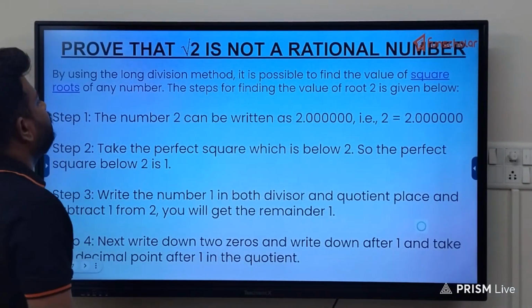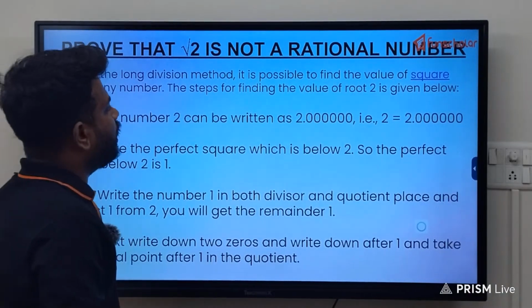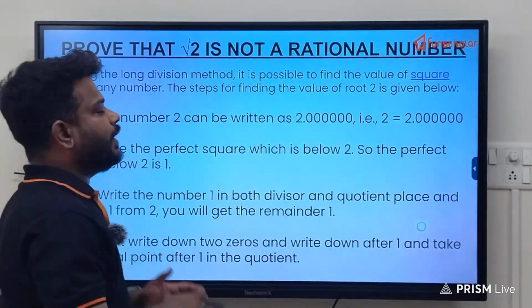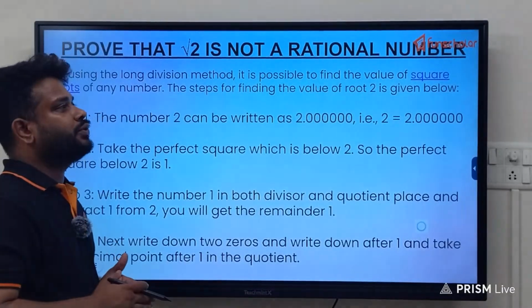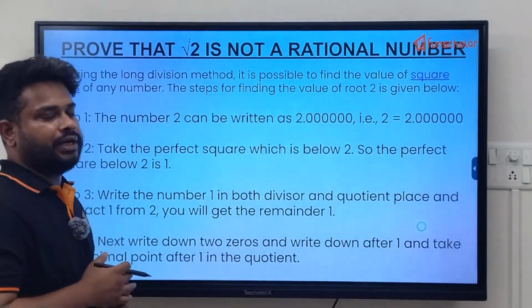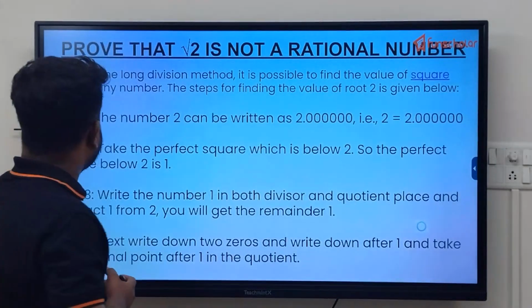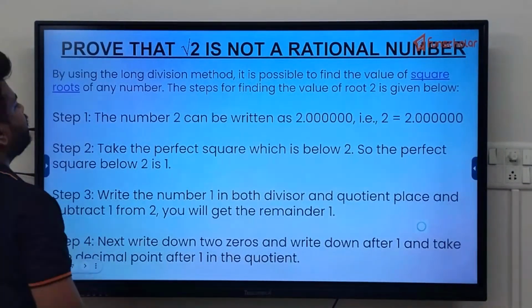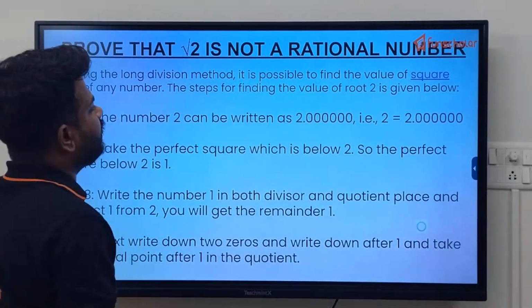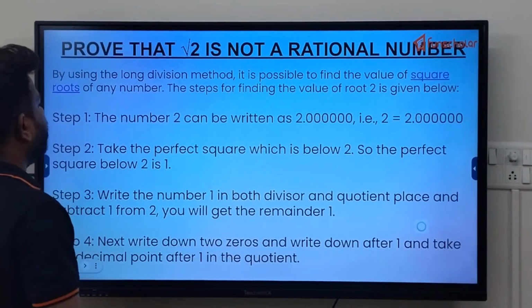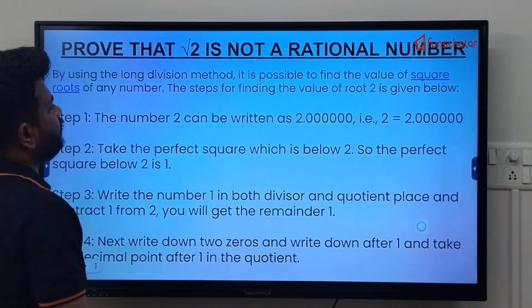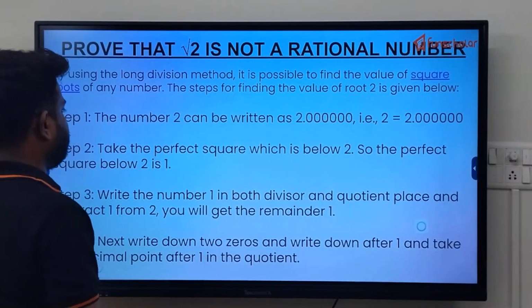In the next slide, prove that root 2 is not a rational number. If any number is not a rational number, we can say that it is an irrational number. By using the long division method, it is possible to find the value of the square root of any number. The steps of finding the value of root 2 are given below.